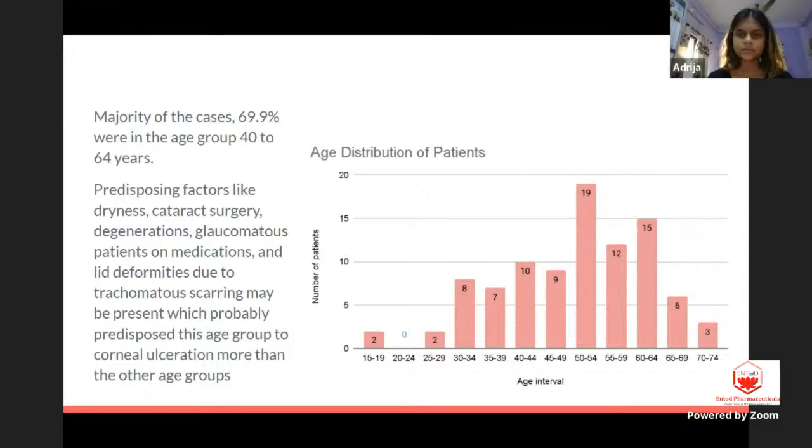As clearly shown in this bar graph, the highest number of cases were in the age group of 50 to 54 years. About 70% of the cases were in the age group 40 to 64 years. One of the major causes for this could be dryness, cataract surgery, degenerations, glaucomas, glaucoma medications, or trachomatous scarring, which predisposed this particular age group to corneal ulceration more than the other age groups.